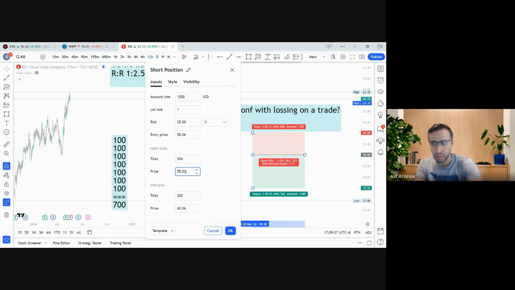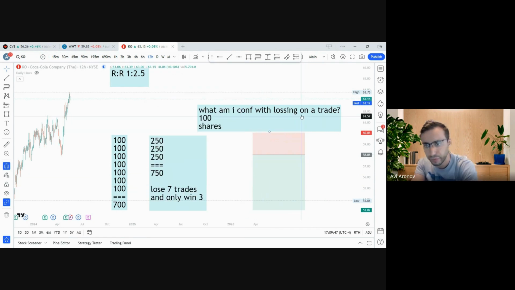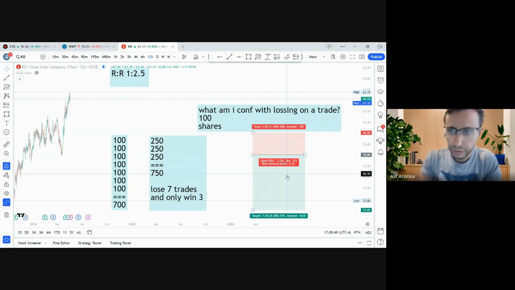No, it will need to be 50. No, it will need to be 52, 53. Perfect. So it will need to be roughly about 53 to be 2.5 risk to reward.